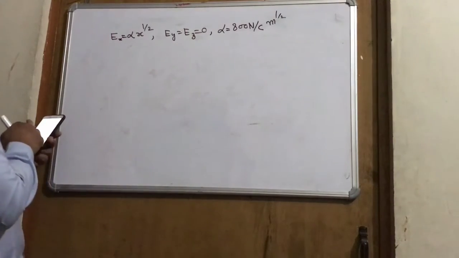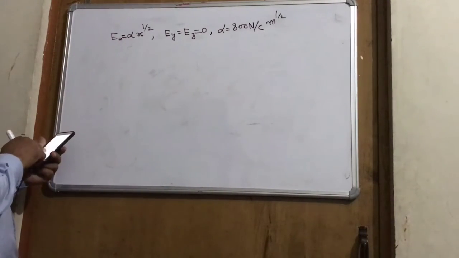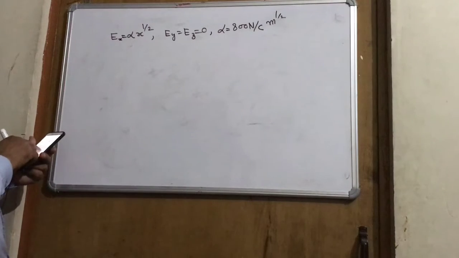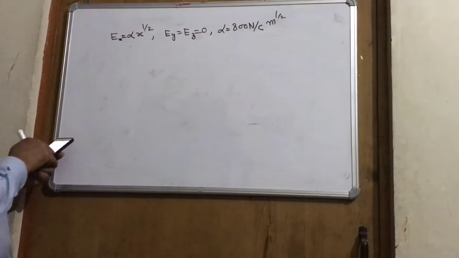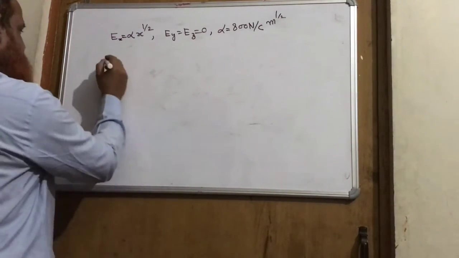Calculate the flux through the cube and, second, the charge within the cube. The diagram is shown.